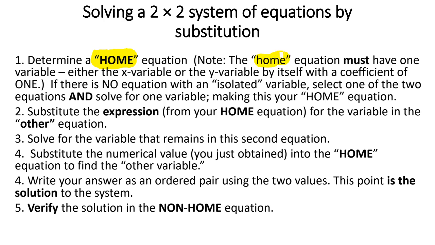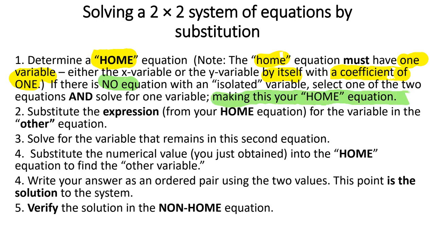Now, the home equation must have one variable, and it can be x or it can be y by itself. And it must have a coefficient of 1. Now, if there's no equation with a variable all by itself and a coefficient of 1, I have to make the equation my home equation.